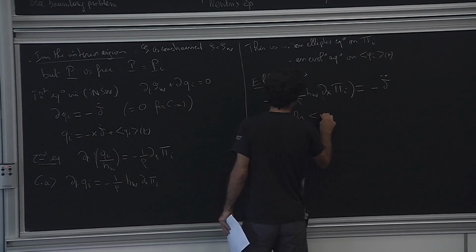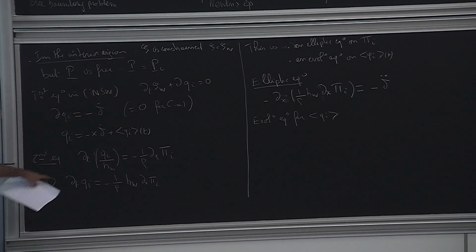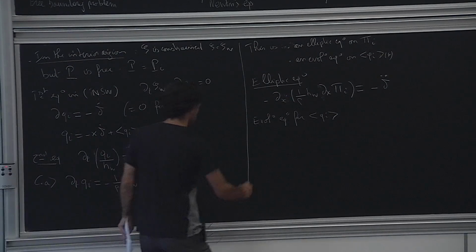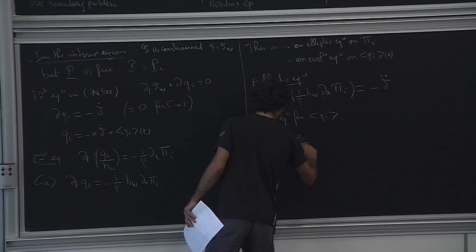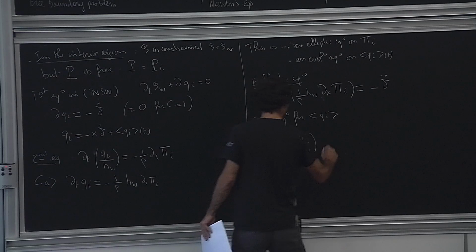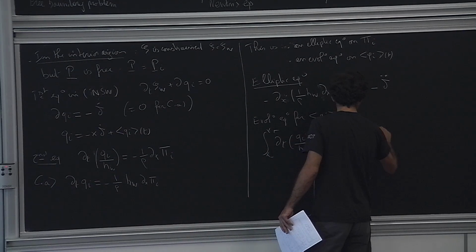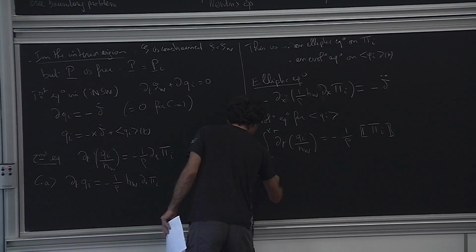And now the evolution equation for this quantity is given by this. I will integrate this equation from x minus to x plus. You obtain that the integral from x minus to x plus of dt qi over hw is equal to minus 1 over rho times this. What do I mean by this?